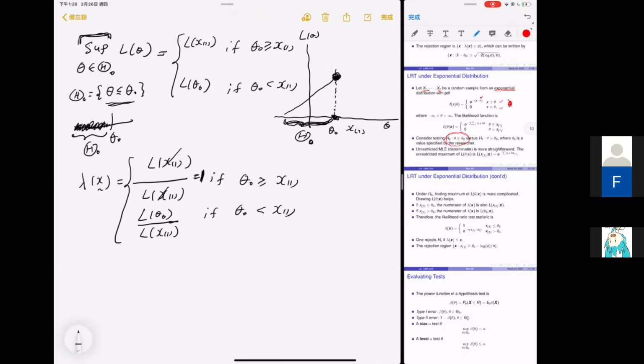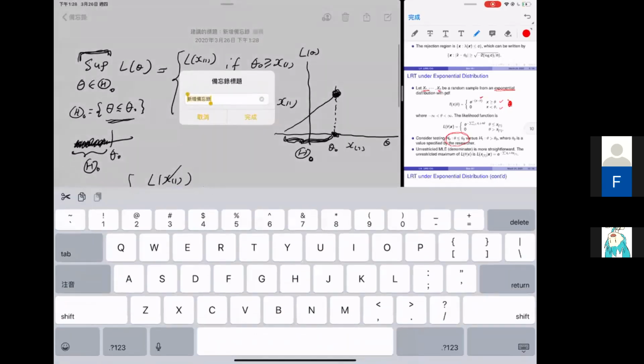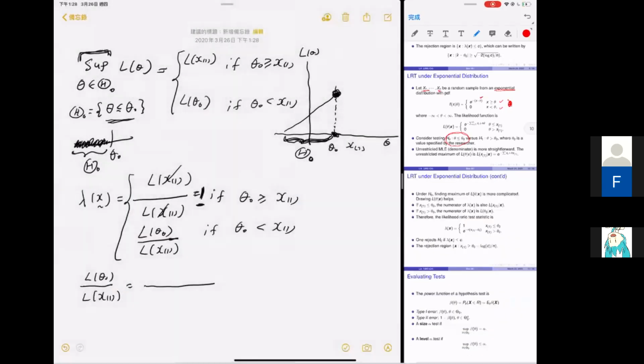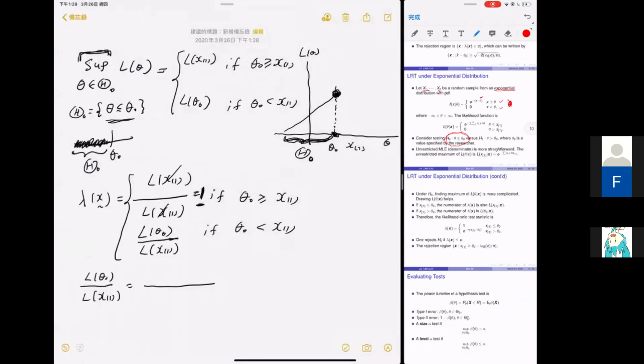Then you can write it more clearly: it is 1 where there's nothing to express, and then x1 over theta 0. I'm going to save it. Maybe P5.